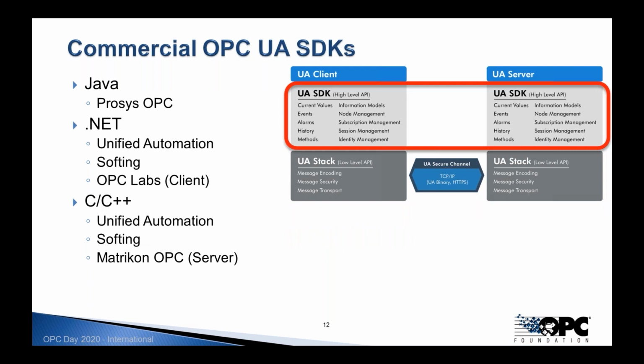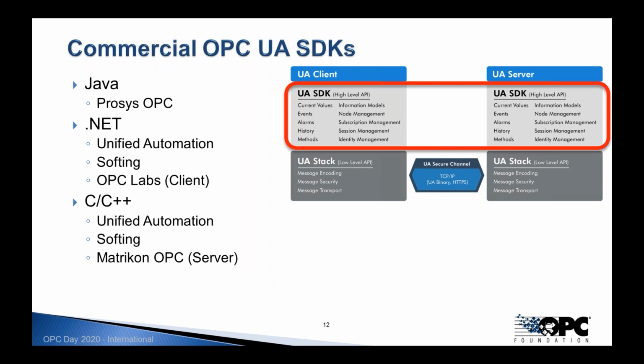And the next level of developer tools is the SDK, the software development kit level, and these are available from different vendors. I have listed the most active OPC Foundation members that have tools for Java, .NET, and C++.